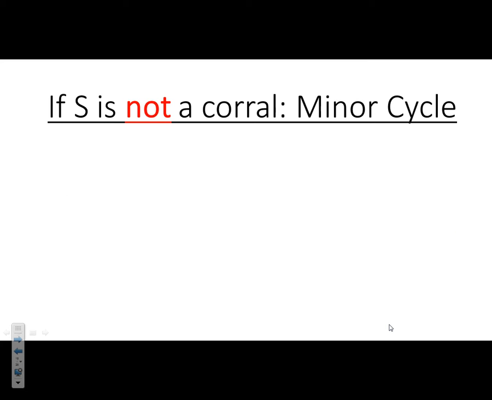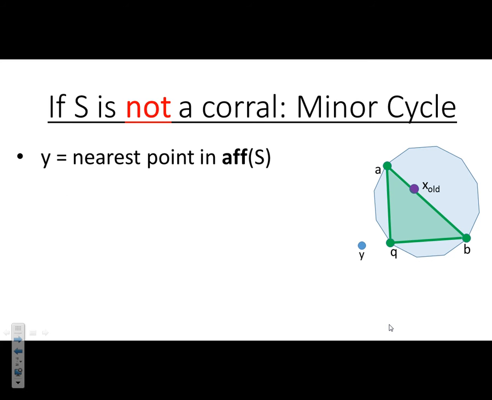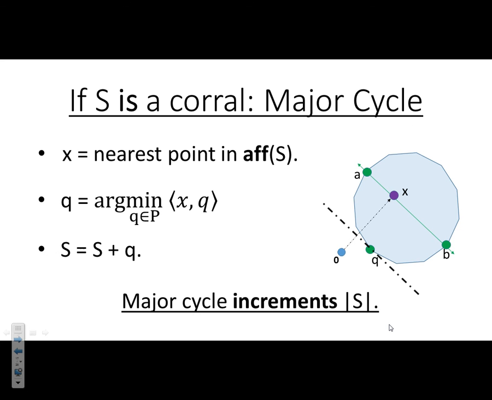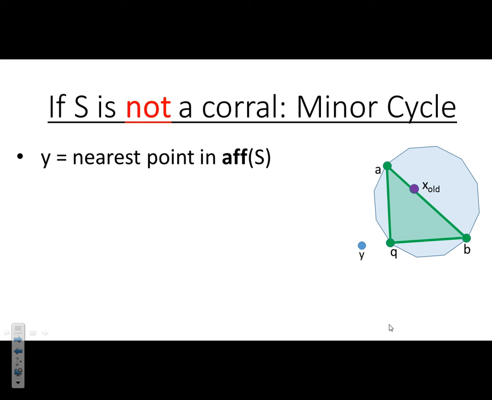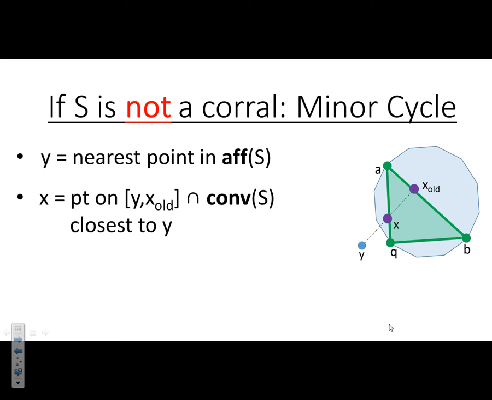What happens if S is not a corral? For example, from the previous slide, I added Q to S, and now this is the picture. In 2D, the affine hull of 3 points is the whole space, so the minimum norm point is the origin itself. So it's not in the convex hull, at least in this picture. So you just move X: you connect the old X to this point Y and see where it hits the boundary.